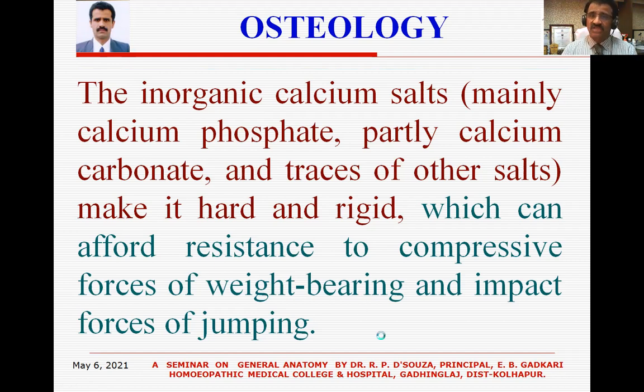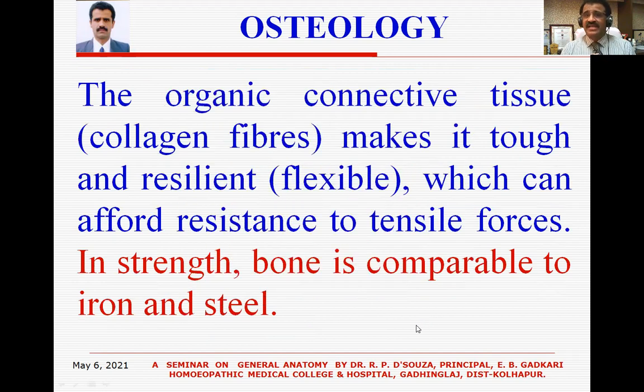Now the organic part which is present in the bone is made up of collagen fibers. It's called the matrix. These collagen fibers make these bones tough and resilient. Resilient means flexible, which can afford resistance to tensile forces. So that is required for the bone to have resilience.